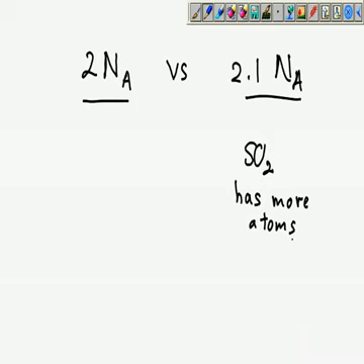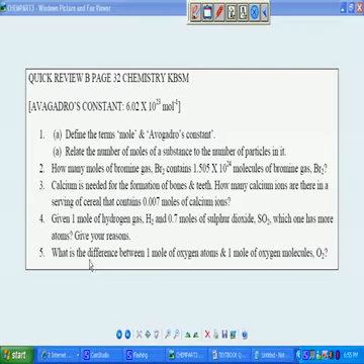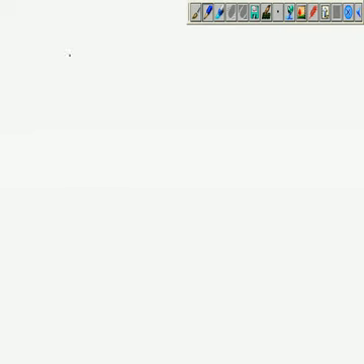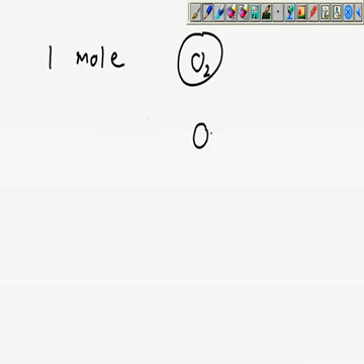Now let's move on to question number 5. Question number 5. What is the difference between 1 mole of oxygen atoms and 1 mole of oxygen molecules? Okay. So what's the difference between 1 mole of this and 1 mole of that? Okay, this is atom, this is molecule.